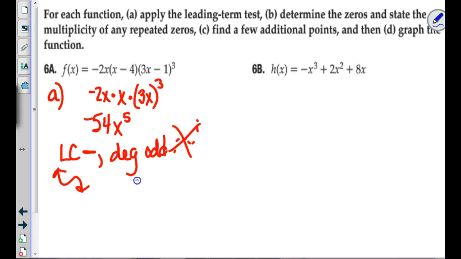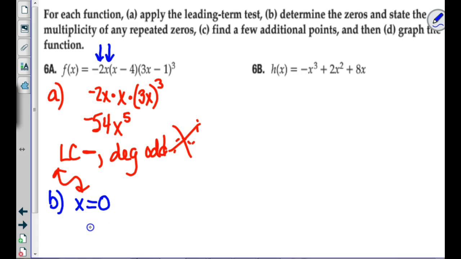What does B say? The zeros and the multiplicity of each repeated zero. Okay, be careful. Can -2 equal 0? That's not a zero, right? That's like a stretch. But this x out here does mean there's a zero at 0.